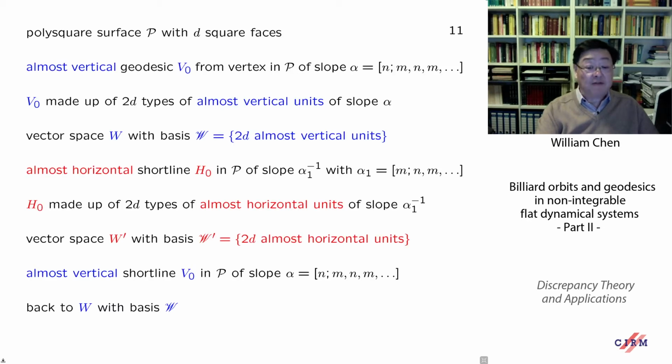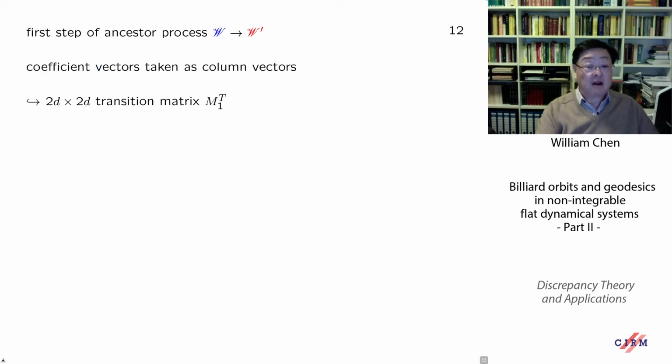So let's start from the bottom and work our way back up. Right. So the first step of the ancestor process would take us from the basis script W to script W prime. And let's say the coefficient vectors are taken as column vectors. Then we have a 2D by 2D transition matrix.